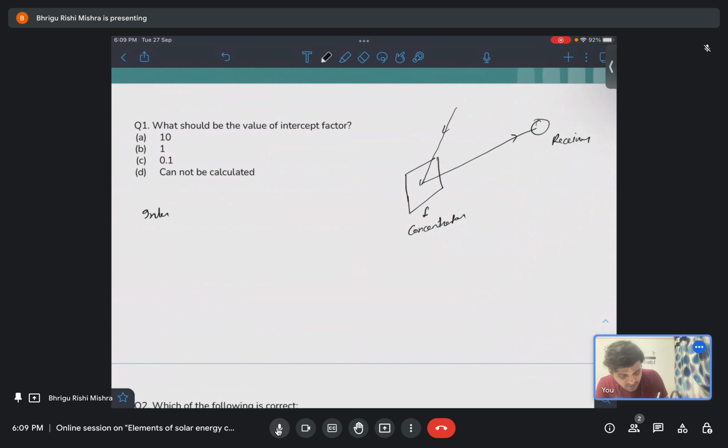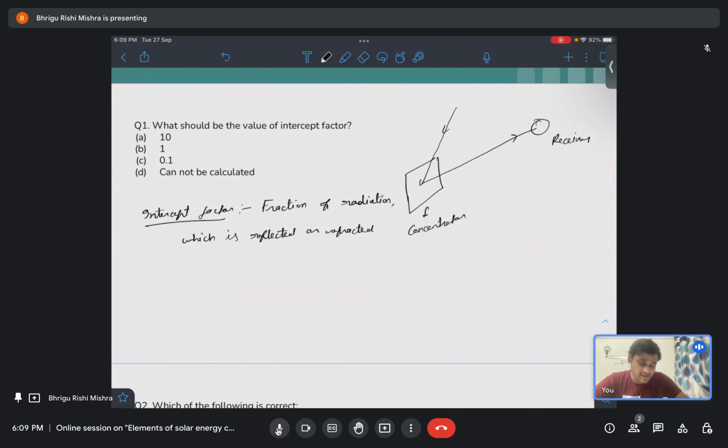So the definition of intercept factor is the fraction of radiation which is reflected or refracted.